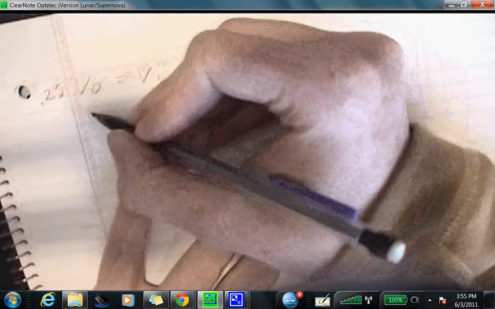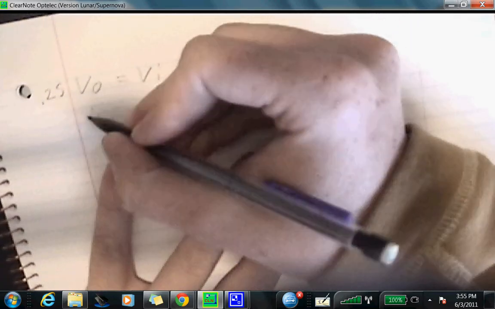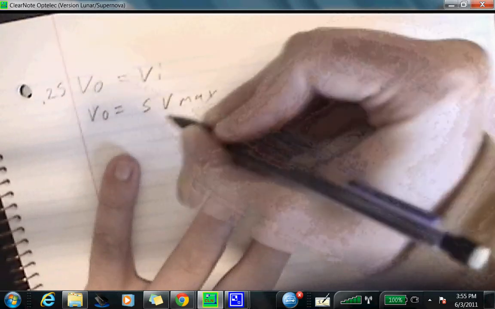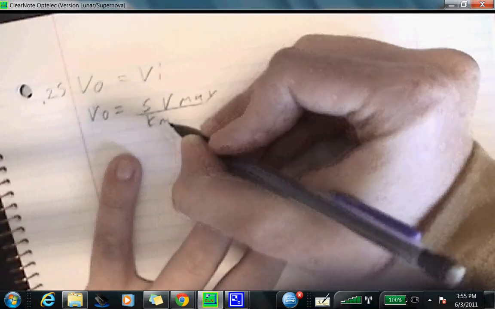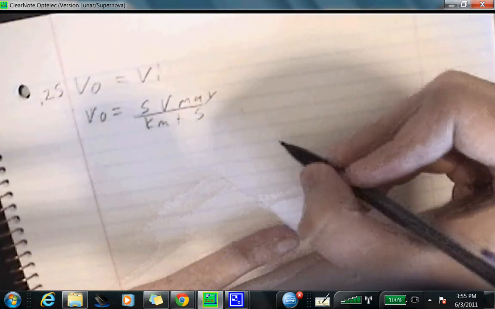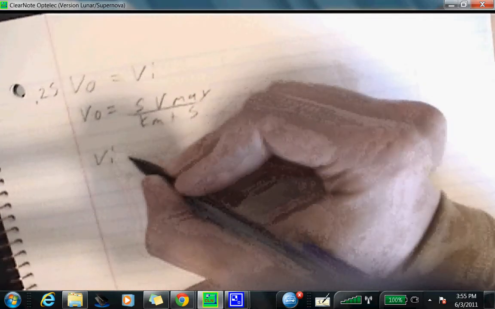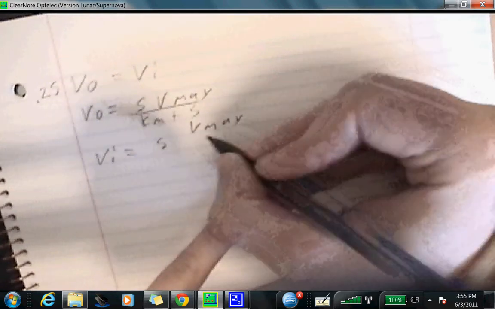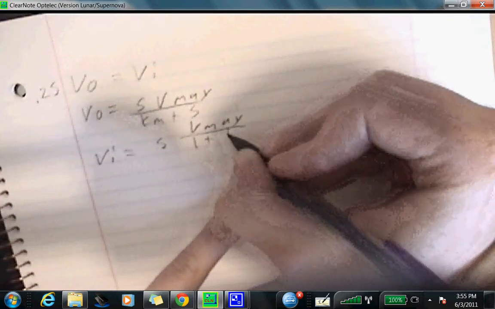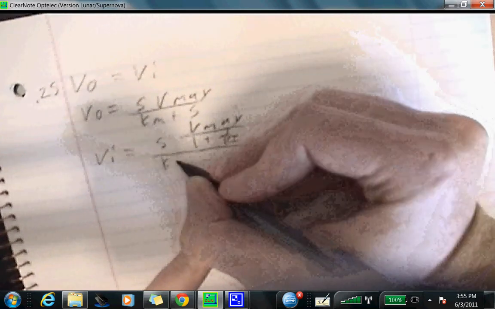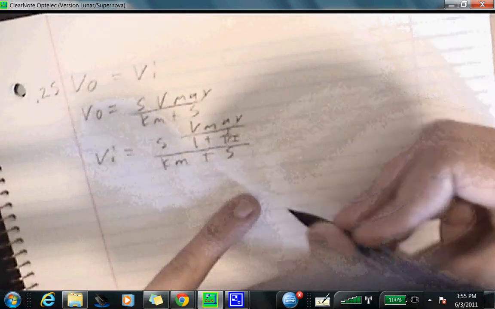Our original velocity is going to be VO equals S Vmax over Km plus S. VI is going to equal S Vmax divided by 1 plus I over Ki, divided by Km plus S.